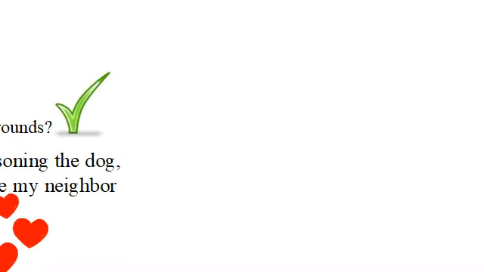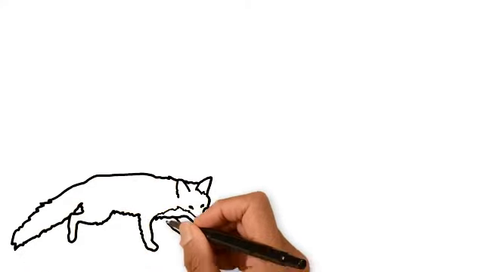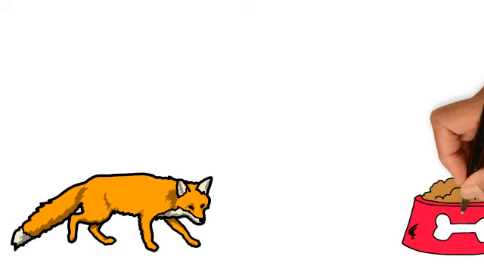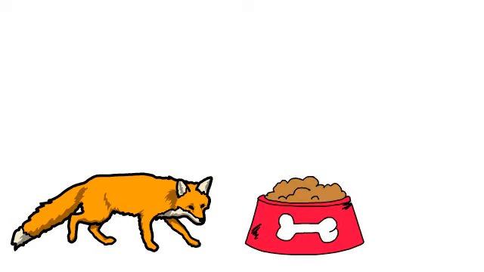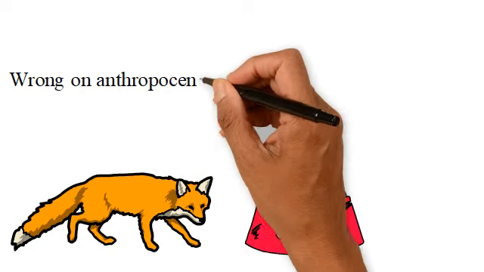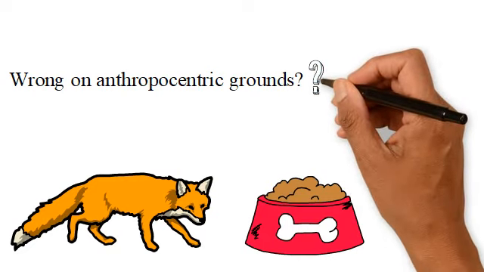Let's change the scenario a bit and see what the anthropocentrist might say. Suppose that there is a wild fox that sometimes wanders around my property. The fox is not a nuisance to anyone, but it's also the case that neither I nor anyone else particularly cares for the fox or has any strong feelings towards it. I decide to put a bowl of poisoned dog food outside to kill the fox. Can an anthropocentrist explain why this sort of action would be wrong? It doesn't appear that the anthropocentrist can.